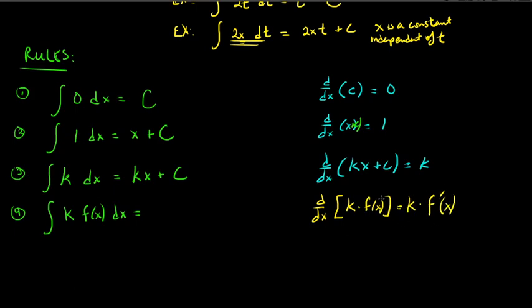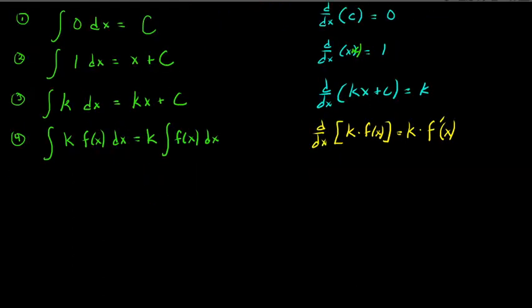So the constant can come outside the derivative, so it only makes sense that the constant can also come outside the integral sign for the same reason. Okay? So we have the same rule for derivatives essentially applies to antiderivatives here. Now that might not be true for all rules, as we'll see later, but it is true for this particular one.